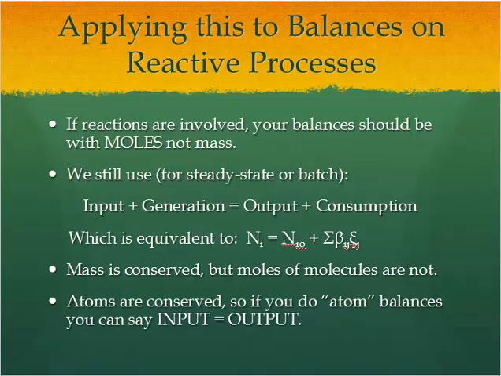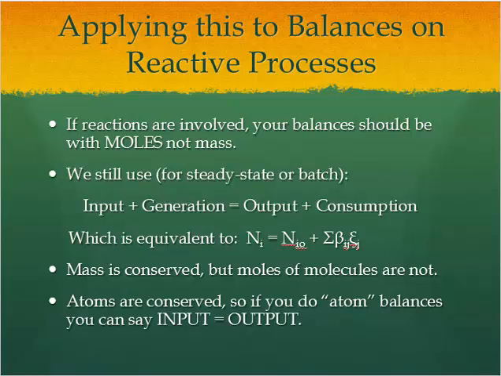Now, what we're going to be doing in class on Monday is applying these principles to balances on reactive processes, so with multiple reactions. So we're going to be looking at systems where I have reactions. They may be steady state, they may be batch. My balance is that input plus generation is output plus consumption.